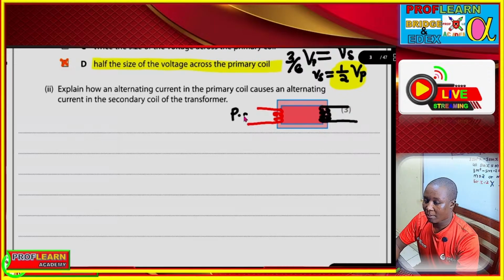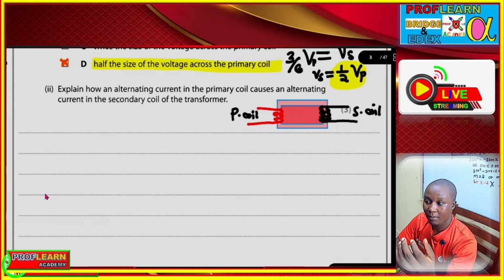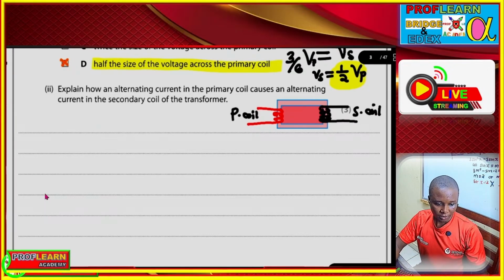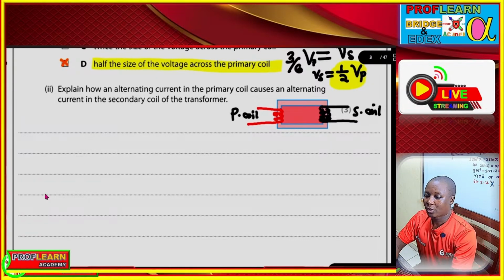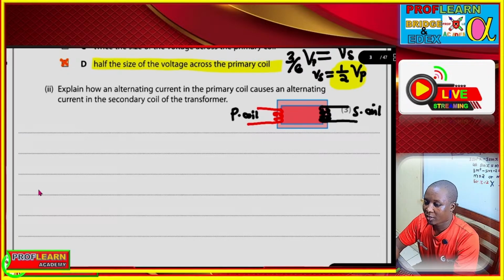What you need to remember is that the main features of a transformer are the primary coil and also the secondary coil, whereby the primary coil is the input and the output is the secondary coil. And we also have a soft iron core.